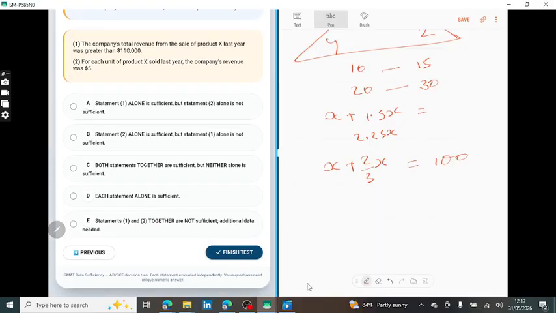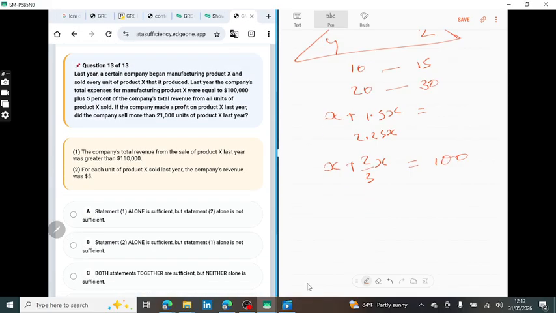Statement 2 is sufficient because for each unit of product S sold last year, the company's revenue was $5. Now we need to calculate how much they need to sell.